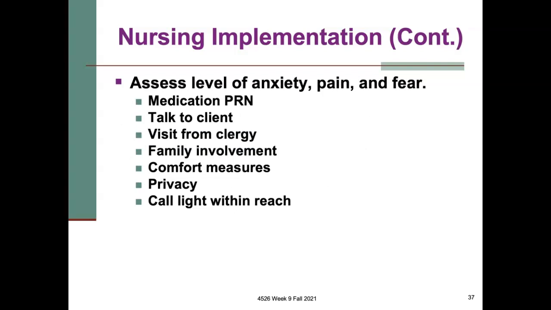Assessing the level of anxiety, pain, and fear is really important because fear, anxiety, and pain may aggravate respiratory distress and promote the release of catecholamines. So think about what medications can be given PRN, talking to the client, maybe a visit from the clergy, having family there, comfort measures, providing privacy, call light within reach.